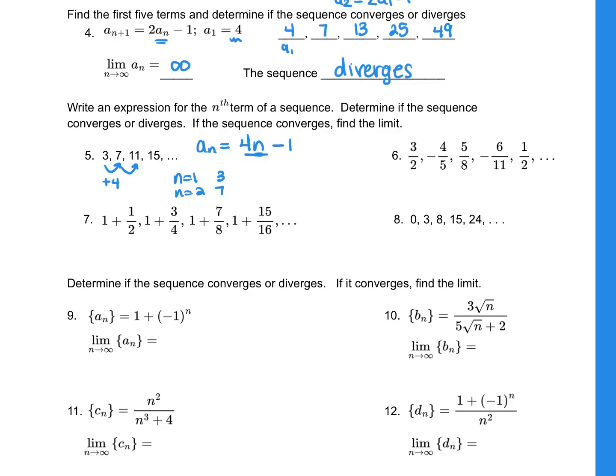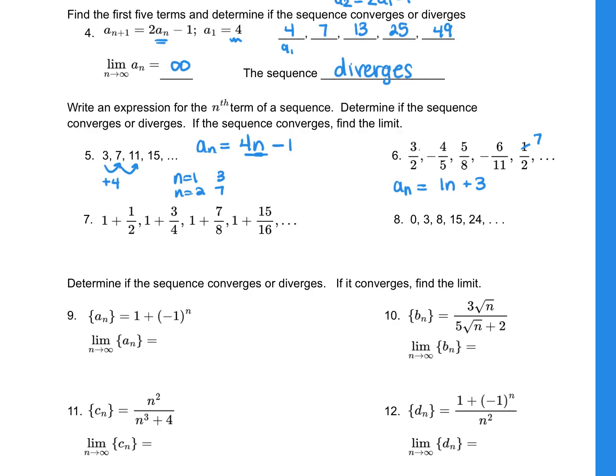Okay, so looking at the next one. On the top, we have 3, 4, 5, 6, 1. I think this is probably 7, but it probably was reduced. Again, that's arithmetic. What is the slope of that? What is each term going up by? It's going up by 1n, and then I could put the starting point. So if n is equal to 0, I would get 3.